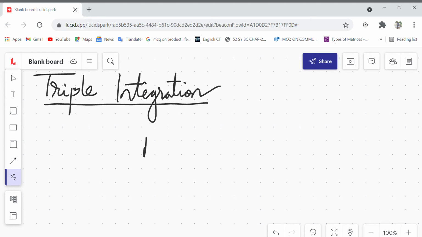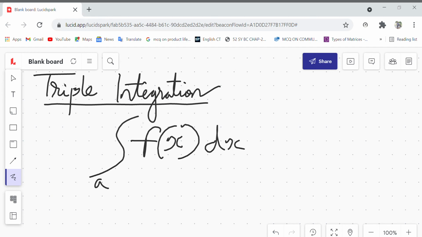So as I told you, in normal integration, it was f of x dx with some limit a to b. This is normal integration.